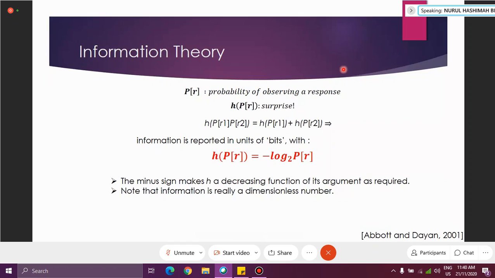So we would like to know the probability of observing an apple. What is the probability based on the spike plot, the plot that we got earlier? That is what we are trying to calculate using information theory, and the information is reported in units of bits.